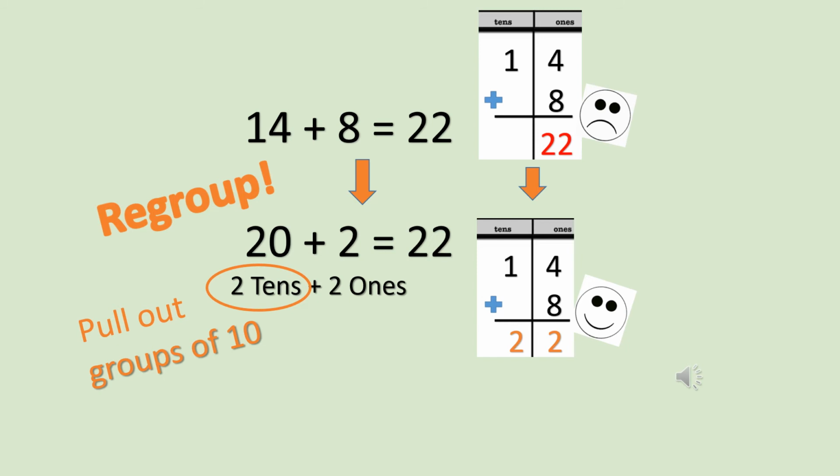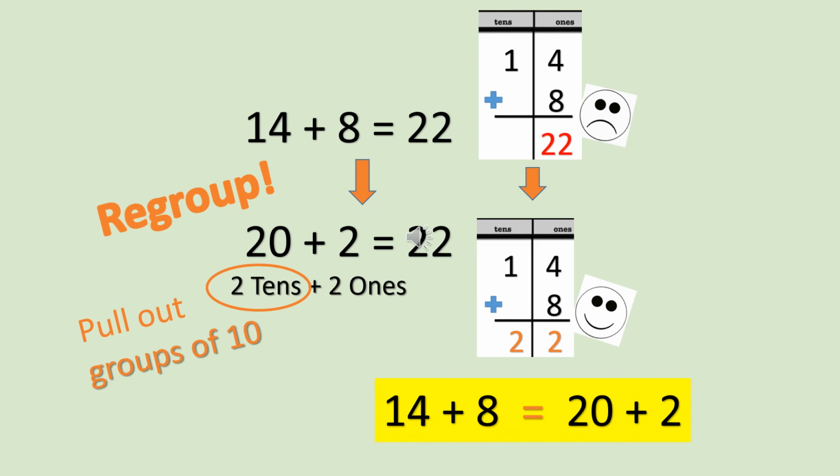So we pulled out 2 groups of 10. And so 14 plus 8 equals 22, but so does 20 plus 2 equal 22. And when we write it that way, you see we have 2 tens plus 2 ones, and we write 2 in the tens place and the other 2 in the ones place to show 22.